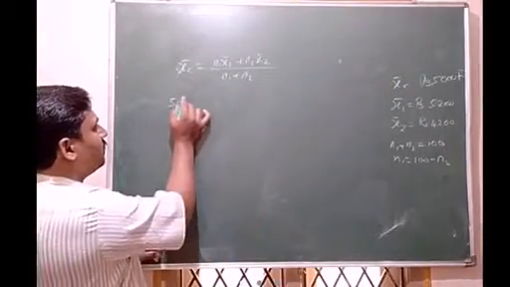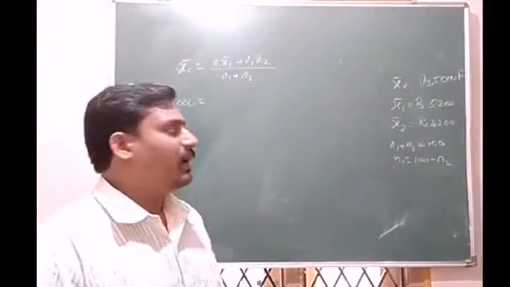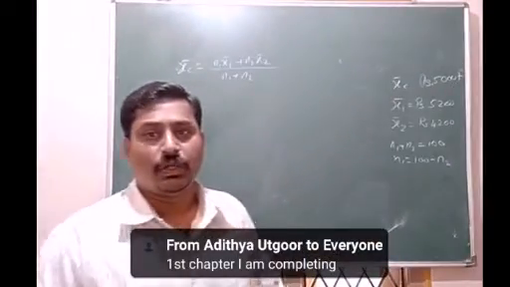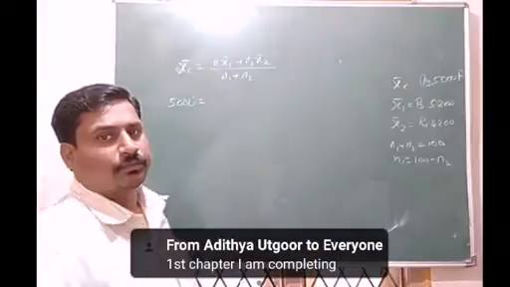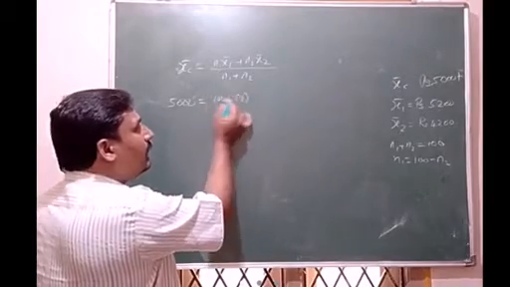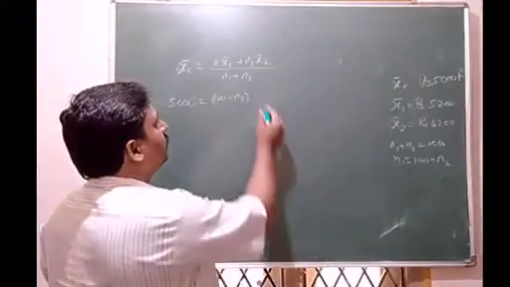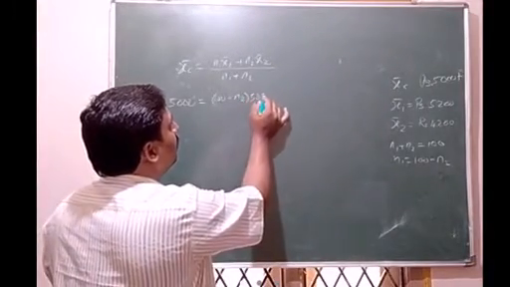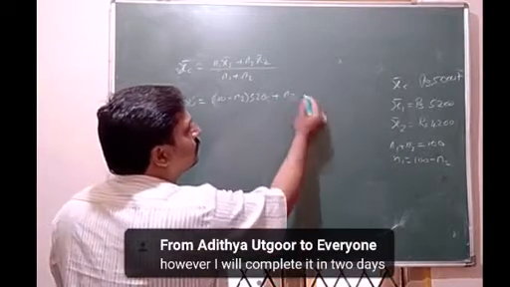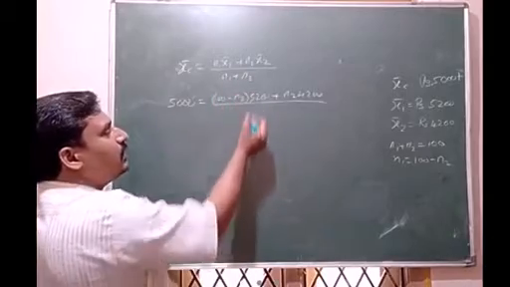So 5,000 is equal to n1, which we have converted into 100 minus n2, into x bar 1, which is 5,200, plus n2 into x bar 2, which is 4,200, divided by n1 plus n2.